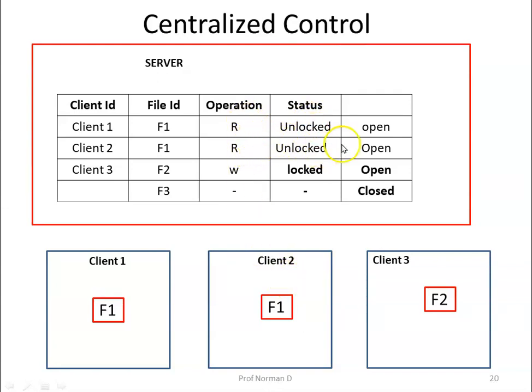The status is unlocked and it is in the open mode. Whereas client 3 is using file F2, where the operation performed is write, and the status on this particular file is locked. And we have another file F3 where the status is shown as closed.